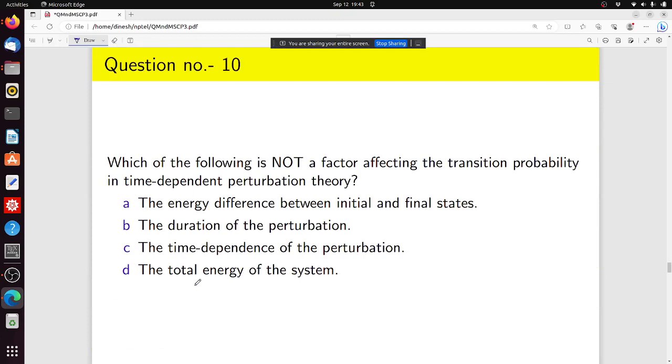Which of the following is not a factor affecting the transition probability in time dependent perturbation theory? You read and give me an answer. Not a factor affecting.